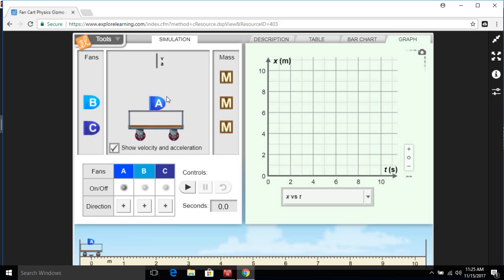If I turn the fan on and click play, I have a force that makes me accelerate, and it took me 5 seconds to go 10 meters. Right here is my air. My air is pointing that way. Which way did the cart go?